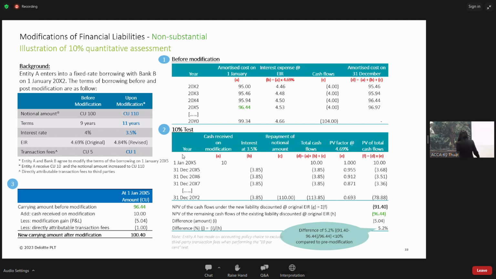And upon modification, I have increased my notional amount to 110. I prolonged my duration to 11 years. My interest rate has reduced by 0.5%. And based on the new revised terms, I would have an EIR of 4.84.